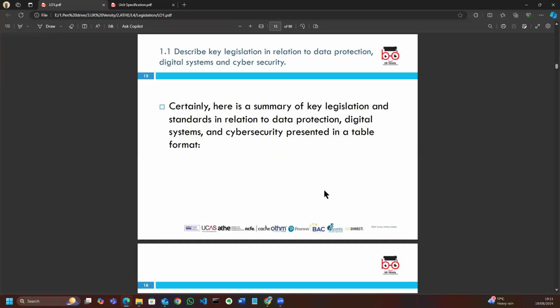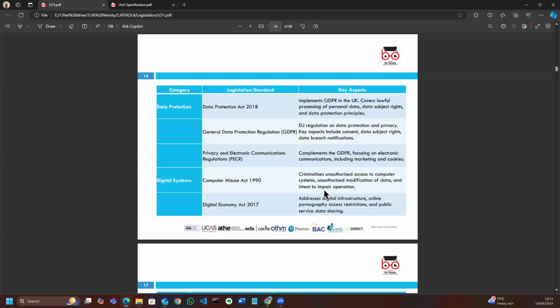So now we're going to describe the key legislation in relation to data protection, digital system, and cybersecurity. Here we have a chart which shows us the key aspects.